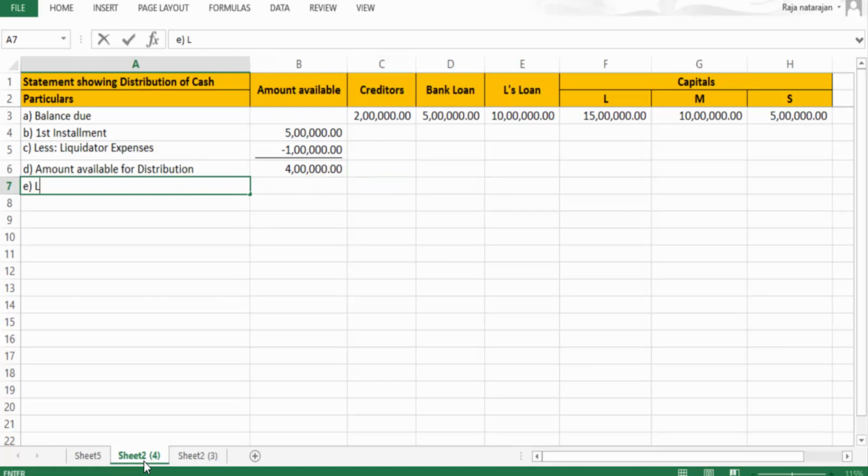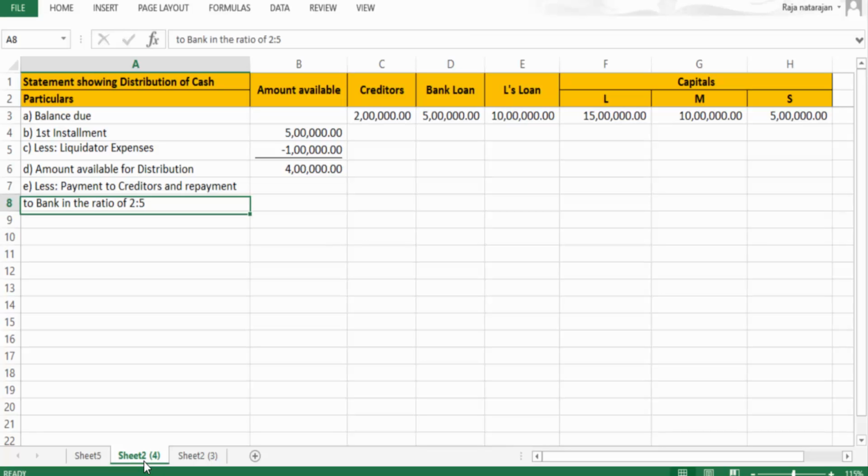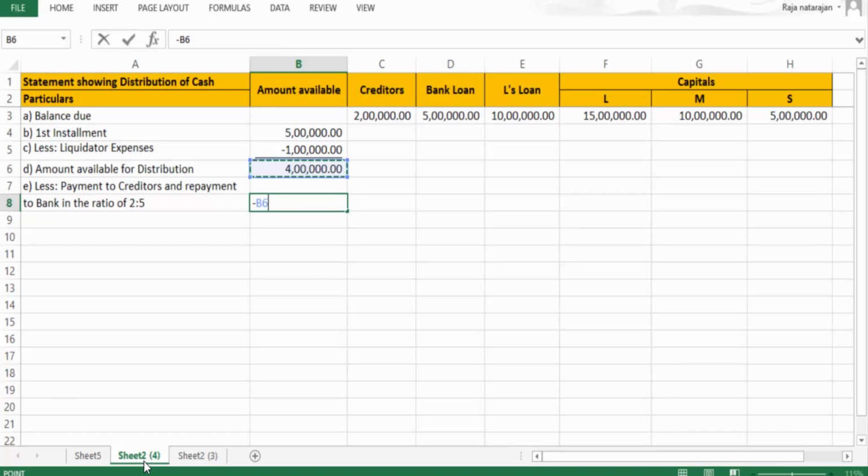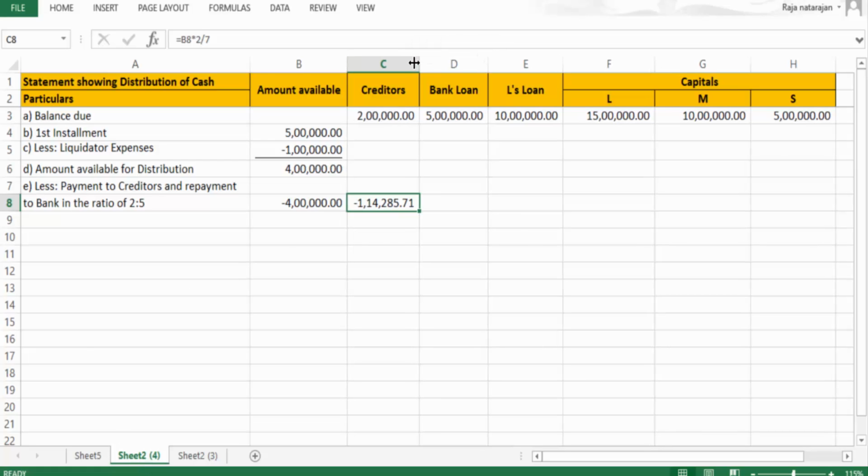So here, item E, less payment to creditors and repayment to bank in the ratio of 2:5. This 4 lakh will get paid: 4 lakh multiplied by 2 divided by 2 plus 5, which is 7, so 2 divided by 7. For the bank it's 4 lakh multiplied by 5 divided by 2 plus 5, so 5 divided by 7.